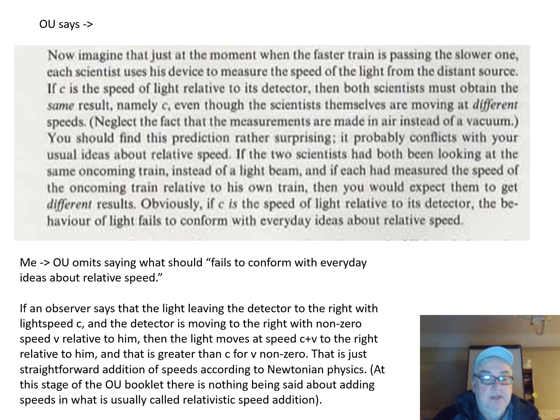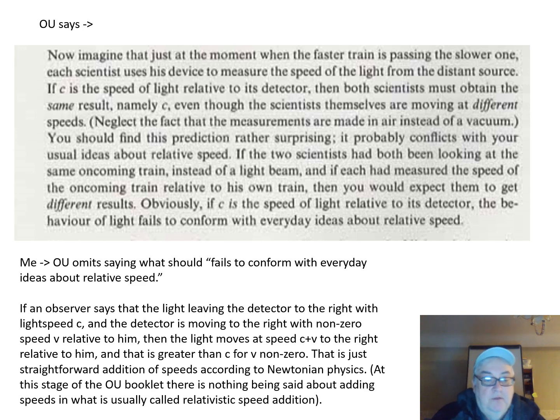If an observer says that the light leaves the detector to the right with light speed c, and the detector is moving to the right with non-zero speed v relative to him, then the light moves at speed c plus v to the right relative to him, and that is greater than c for v non-zero. That is just straightforward addition of speeds according to Newtonian physics.